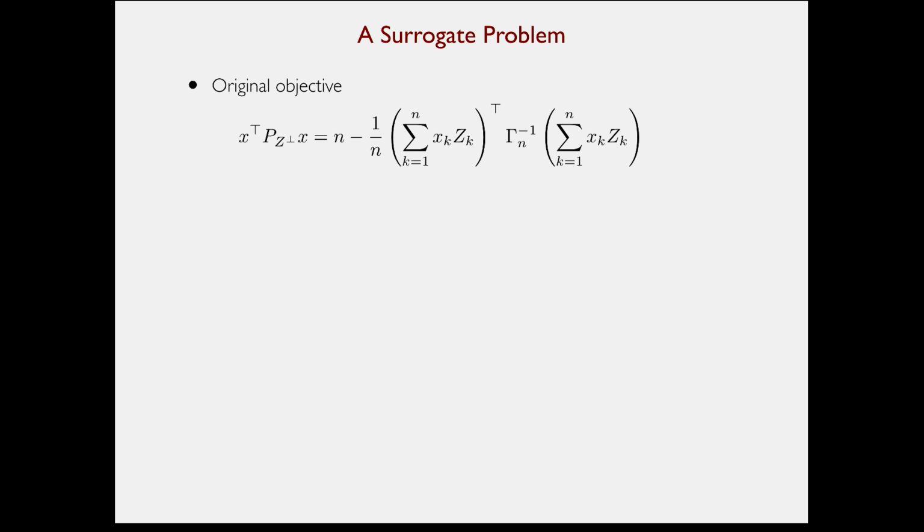And what is this summation over here? It's a very natural quantity. Remember that the x's were +1 or -1, so this is adding up all of the n covariate vectors according to whether you set them to +1 or -1. Intuitively, we wanted balance, so we want these covariate vectors to balance out.